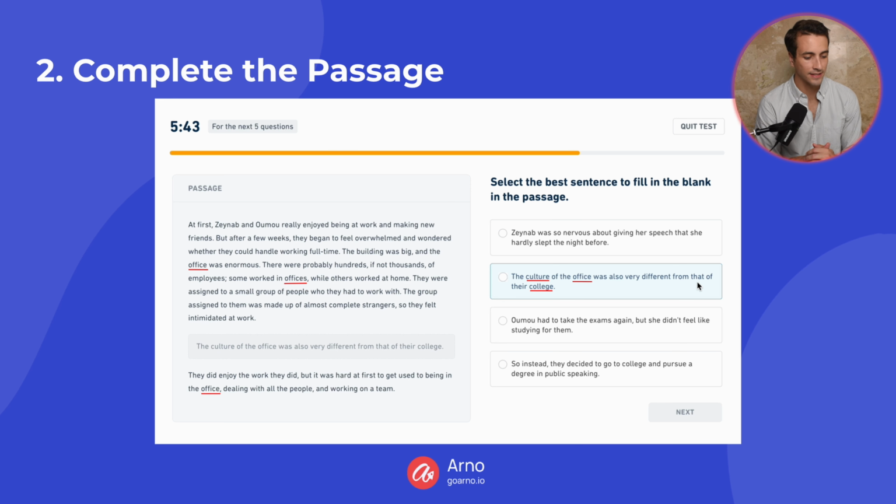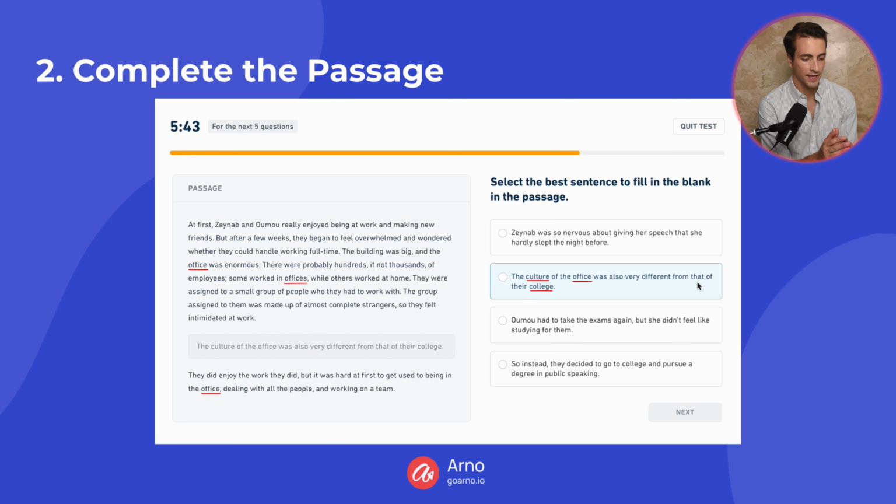The group assigned to them was made up of almost complete strangers, so they felt intimidated at work. The culture of the office was also very different from that of their college. They did enjoy the work they did, but it was hard at first to get used to being in the office, dealing with all the people, and working on a team. That sentence seems to fit well in the passage.